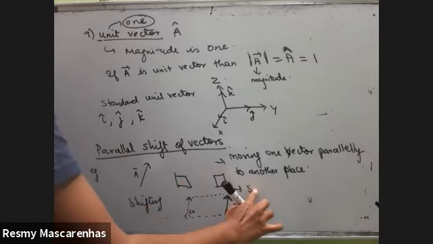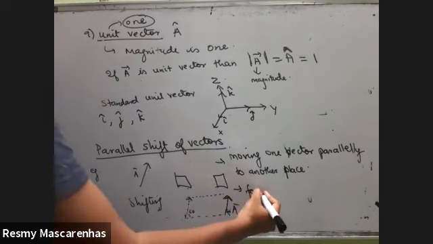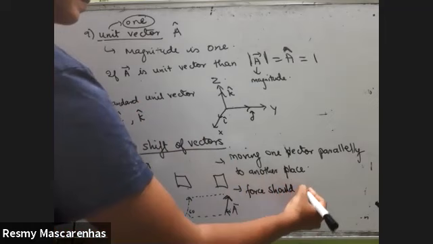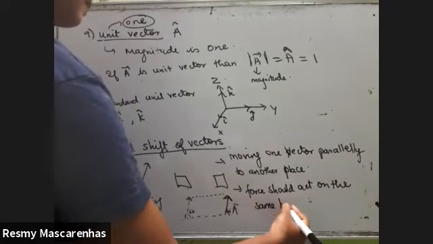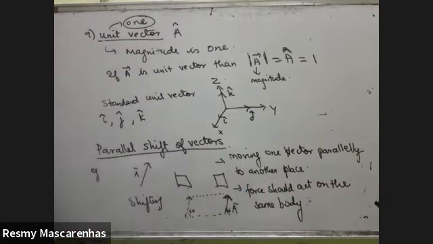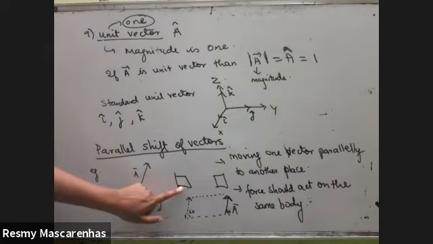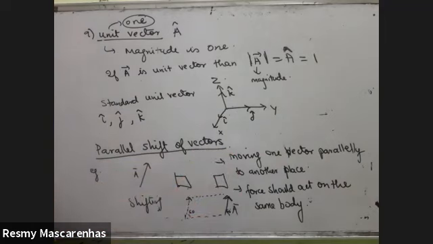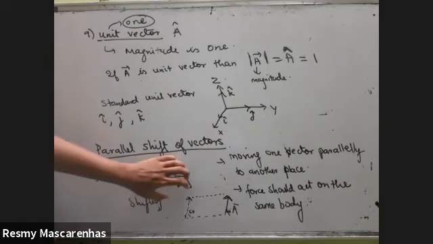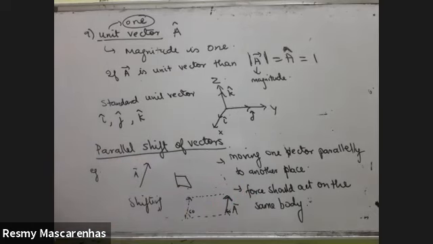The condition is: the force or that vector should act on the same body, otherwise there's no point shifting the arrow. If it was acting on this body and you have shifted it for no reason, and then it is acting on nothing, it doesn't have any meaning. So that body also has to be shifted, then it will have the same value and same meaning.